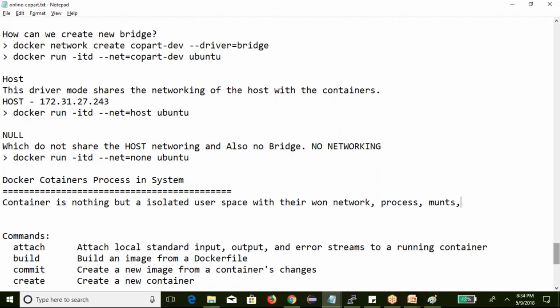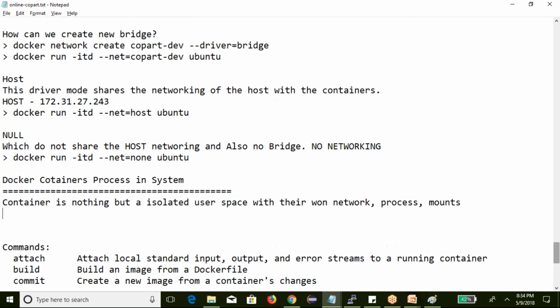How do you get this with the Docker engine? With the help of kernel namespaces. This is the first definition.